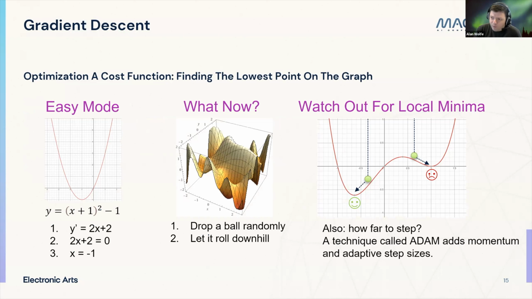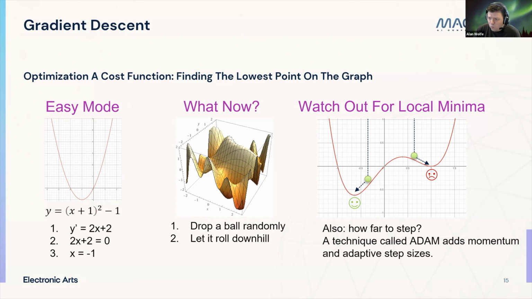To improve the network, you are optimizing the cost function. What that means is that you're essentially trying to find the lowest point on the function. If we look at the left, where we have a simple parabola, y equals f of x, you can think of x as being the weight or the bias of a neuron, and we're trying to find the value that gives us the lowest point on the curve.